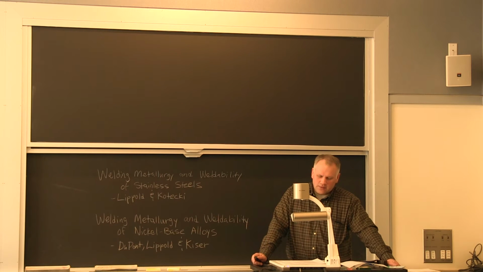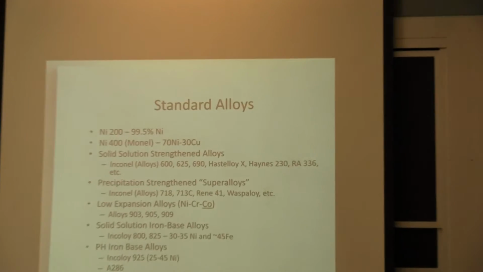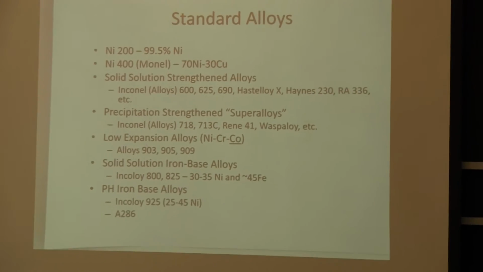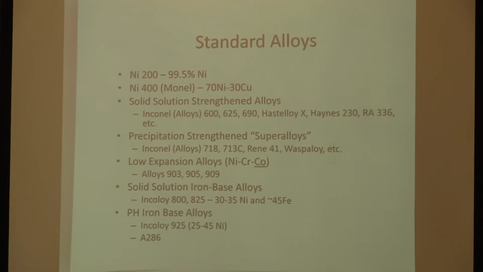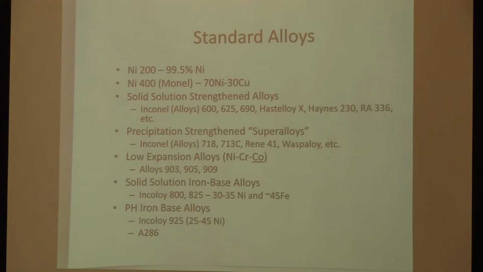So for the standard nickel-based alloys, there's something called Monel, which is a nickel-copper alloy, nickel 400. There are two main types of nickel-based alloys that we'll be discussing. First is solid solution strengthened alloys. These are strengthened by the alloying elements in them, because the different size of the atoms in the solid solution puts stress on the lattice and strengthens the material.